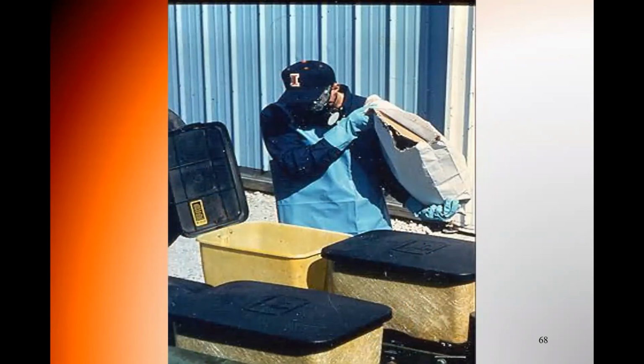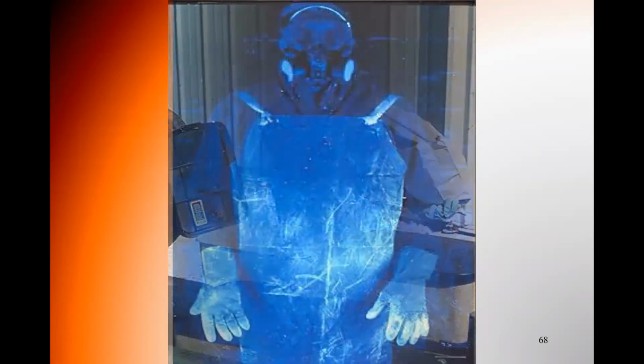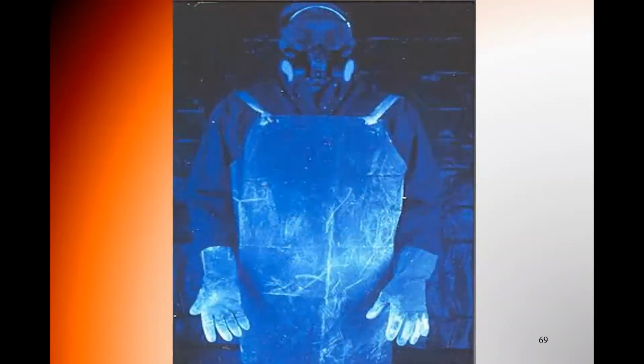This loading system is not a closed system, and it's good that he has protective equipment. He's just pouring it in there. When they look at him under a black light, where would this pesticide be without the protective equipment? It would be on his clothes. His clothes could then be worn home to expose his family to the pesticide. And if they were washed with the family's clothing, it could transfer over to their clothing as well, so that they're wearing it later.